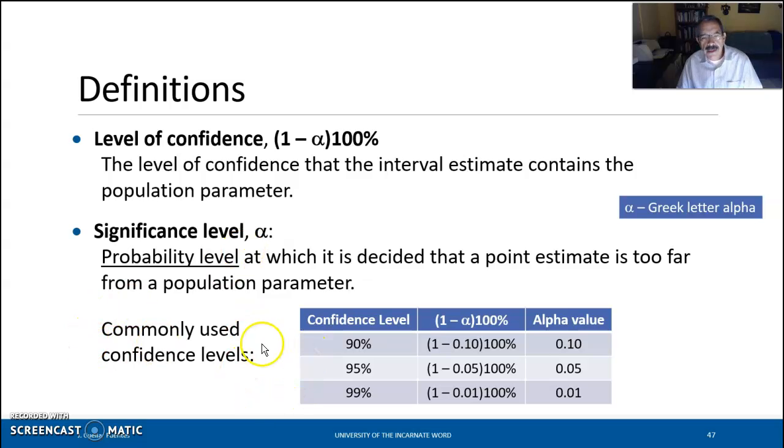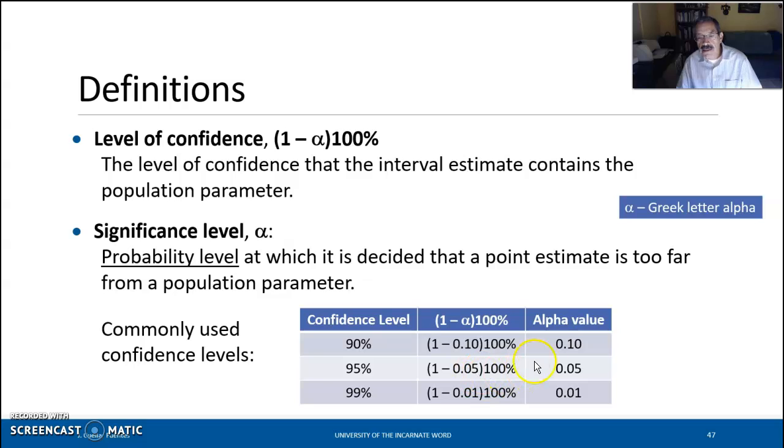But I wanted to point this out. The most common levels of confidence are 90%, 95%, and 99%. So if you notice, 1 minus 0.1 times 100% is 90%. And 1 minus 0.05 is 0.95 times 100 is 95%. And 1 minus 0.01 is 0.99 times 100% is 99%.